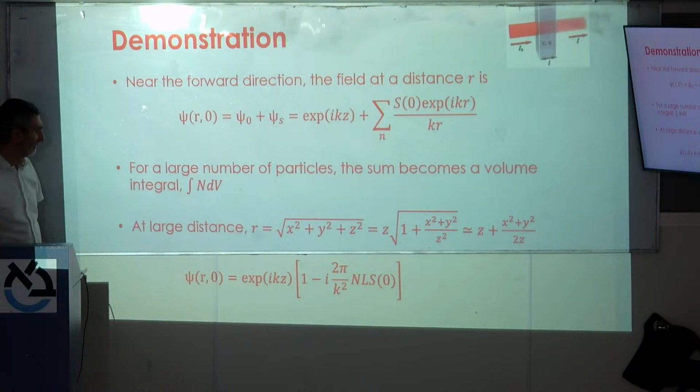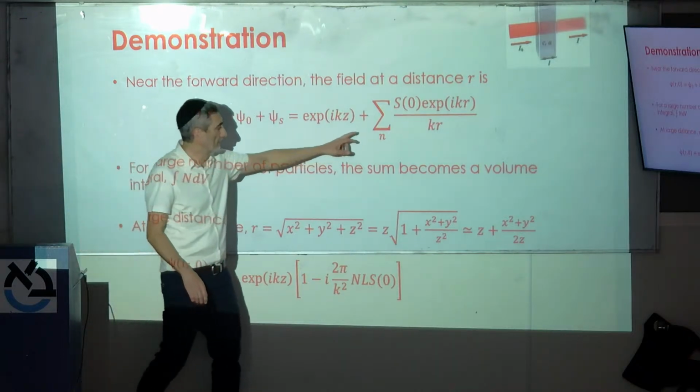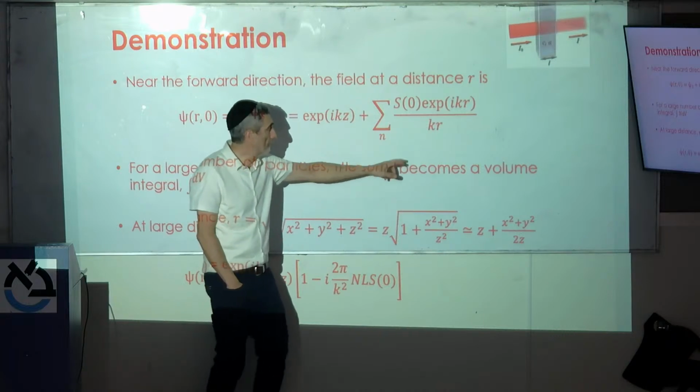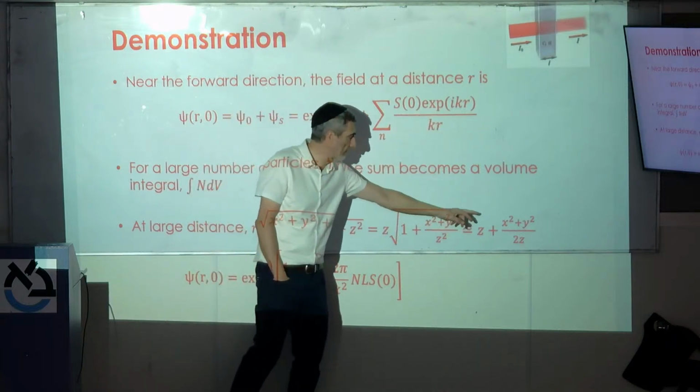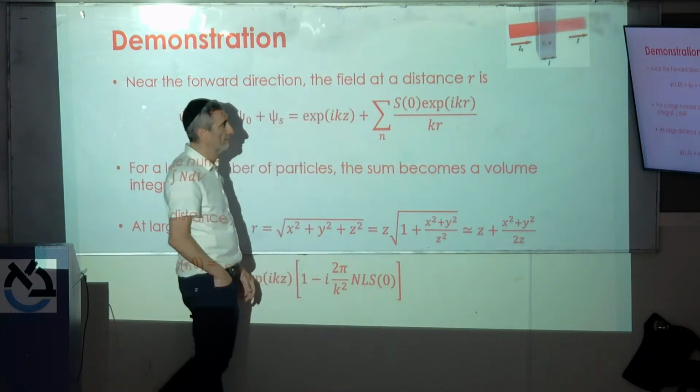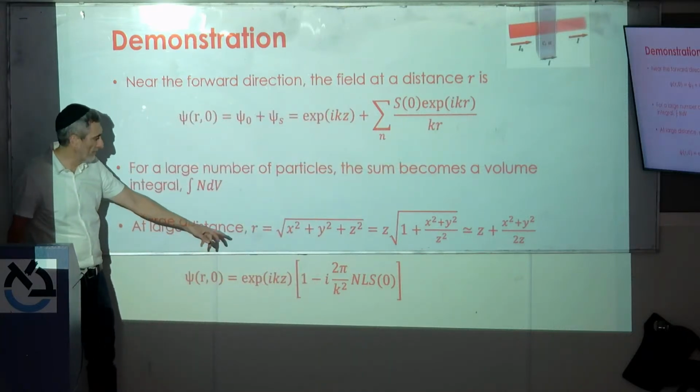So we can rewrite this expression here. Exponential ikz times 1 minus. You have to integrate this expression and replace r. In the phase term, you replace r by this approximation. Here, r can be replaced by z, and you obtain this expression.